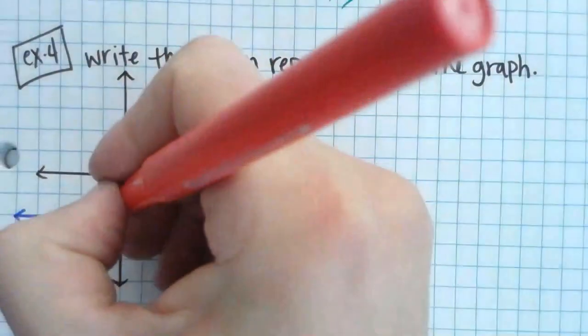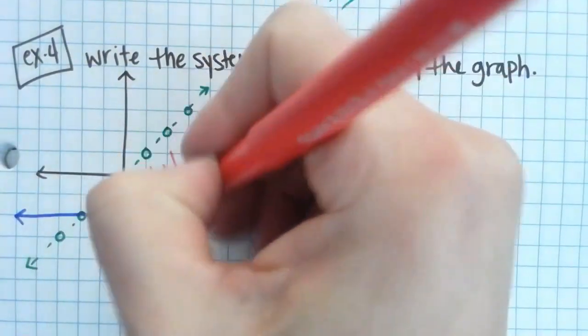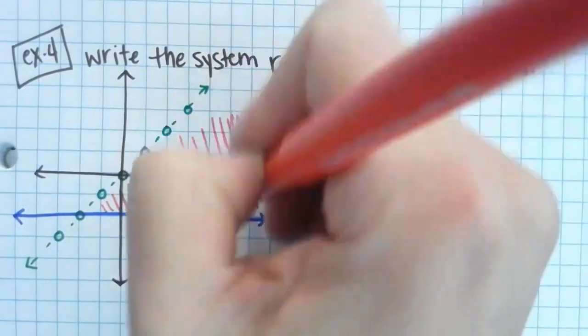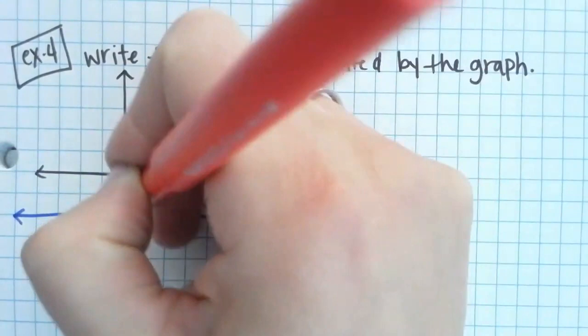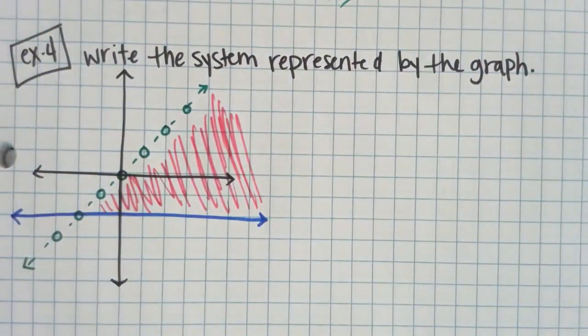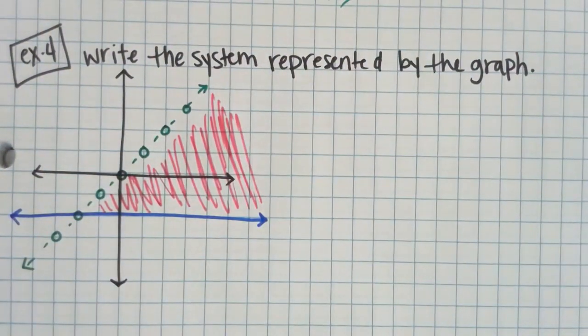And they show us here that this is the only part that's overlapping of these two systems. So we need to come up with two linear inequalities that represents this graph.